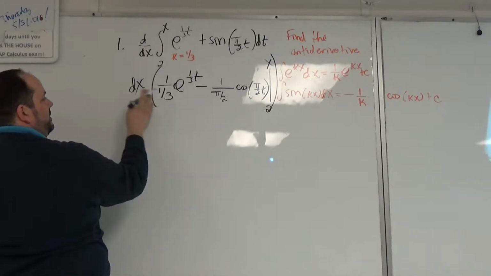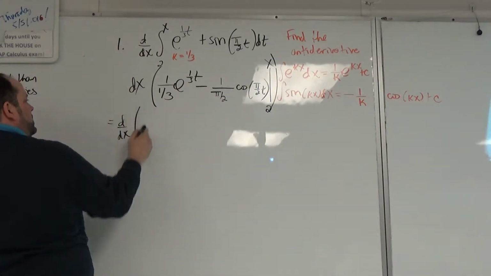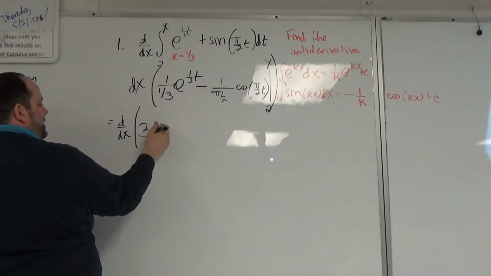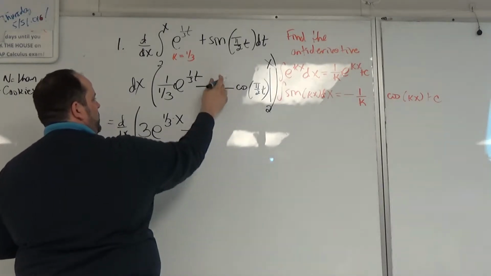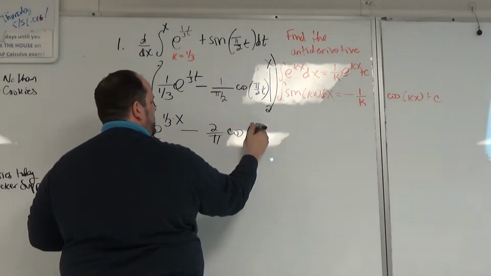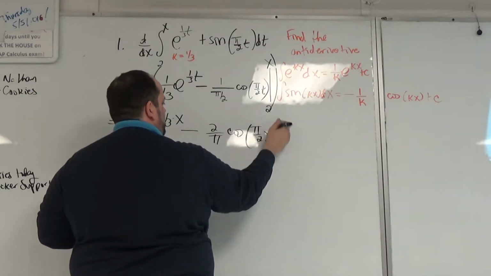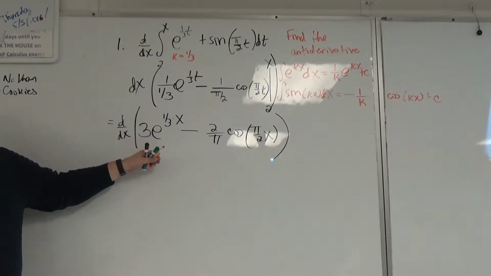So we got over here. I've got to evaluate. Great, so I'm just going to plug in. We can do that nice and easy. 1 divided by 1/3, let me call that 3, e to the 1/3 x, minus 1 divided by pi over 2, that's really 2 over pi, cosine pi over 2 x. Everybody okay with just the plug-in part?